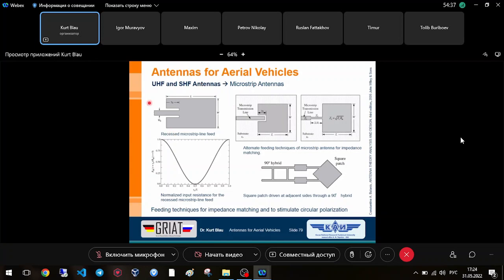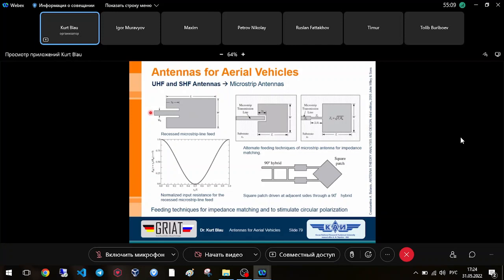Here we have the next problem of feeding. This is of a single element, and in this example, the problem is how to realize the feeding in such a way that at the input, which is also a microstrip line, we have 50 ohm. How can we realize the feeding so that we achieve a good matching immediately?